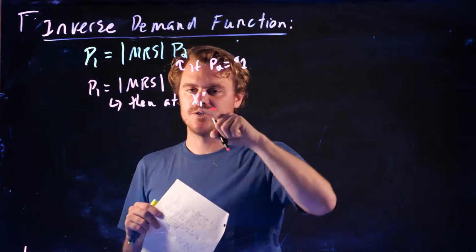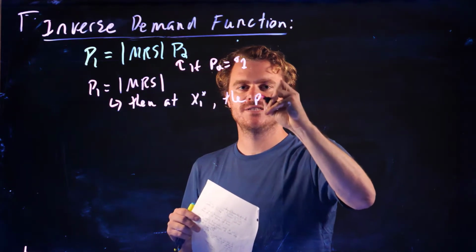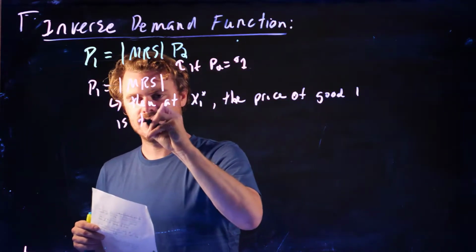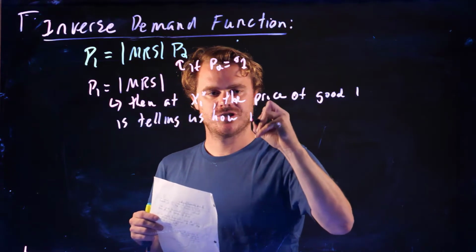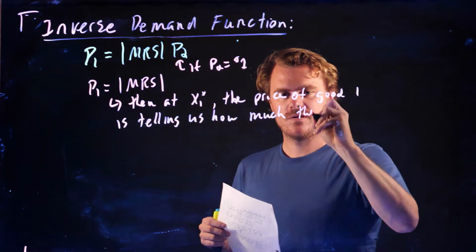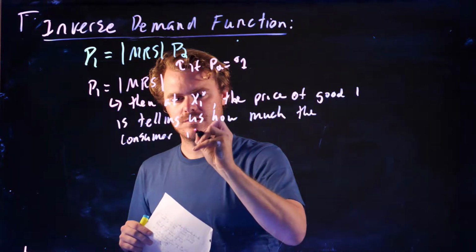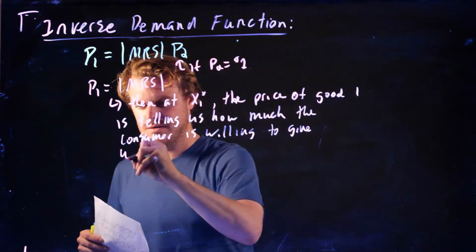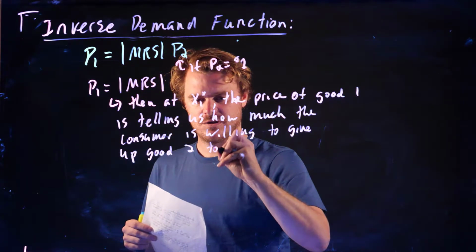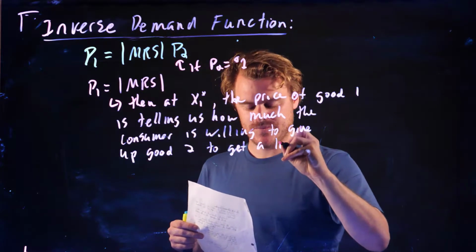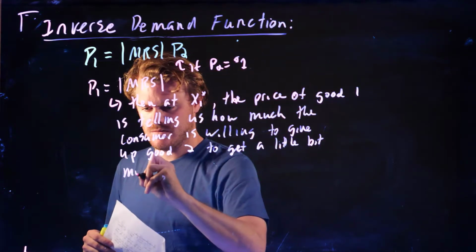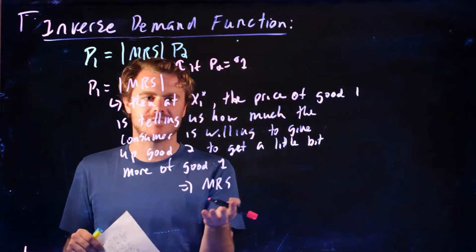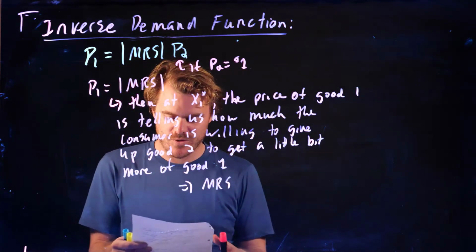Then at X1 star, the optimal choice of good one, the price of good one is telling us how much the consumer is willing to give up of good two to get a little bit more of good one. This is the definition of a marginal rate of substitution.